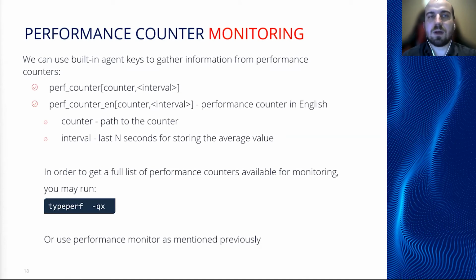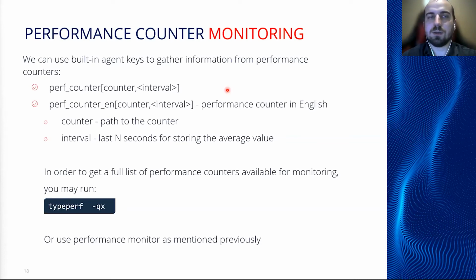And for that, we have another set of built-in agent keys like perf_counter, and you specify the path to the counter. And the last parameter is any number of seconds for storing the average value. And as you can see here, there is also perf_counter_en, or performance counter in English, which is very useful if, let's say, you have a big company with offices in different countries, cities, and so on.